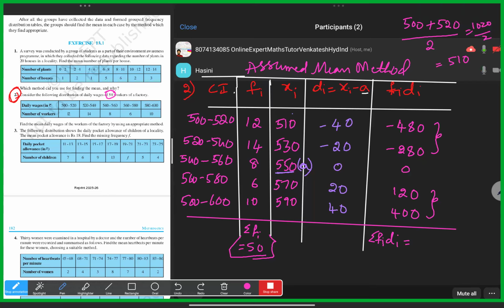Yes, Hasni. Both negative, so we add them and keep the minus sign as it is. Plus 0, I'm not counting, Hasni; 0 will give the same number. So minus 760, plus the positive numbers, both positive: 400 plus 120 is 520. So finally, minus 760 plus 520. How much, Hasni? One positive, one negative.